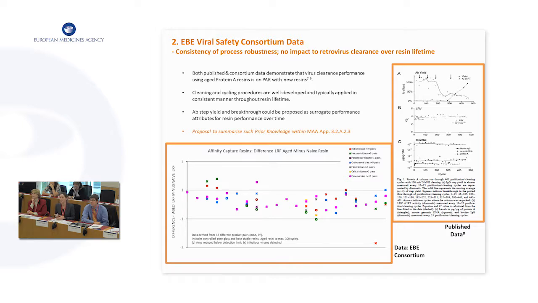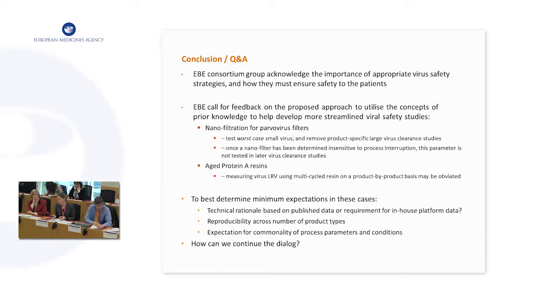What we have in this diagram here is an indication of the differential between aged resin and naive resin and its capacity to clear the different model viruses indicated. And again, in the main, what we are seeing is very little differential with respect to capacity to clear these model viruses, whether the resin is naive or whether it's aged anything between 50 to 300 cycles.